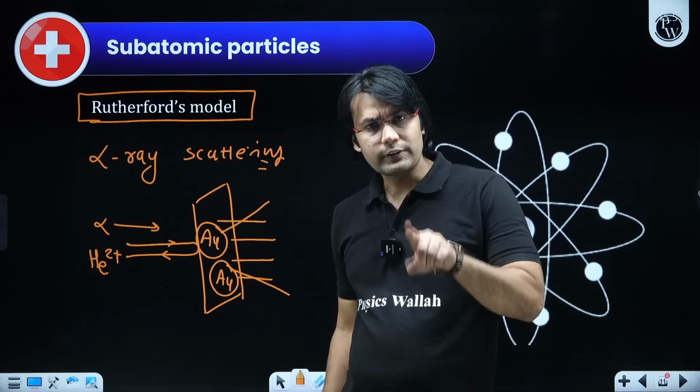If you take n equals 2, the possible values of l will be from 0 to 2 minus 1, means 0 and 1. If you take n equals 3, then the possible values of l will be 0, 1, 2. If you take n equals 4, then the possible values of l will be 0, 1, 2, 3. So the point is, the range of the azimuthal quantum number depends on your principal quantum number, right?